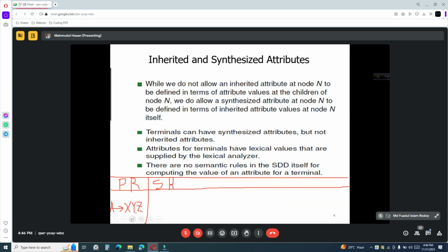So this is our production rule and our semantic rules. It is possible with only one production rule.